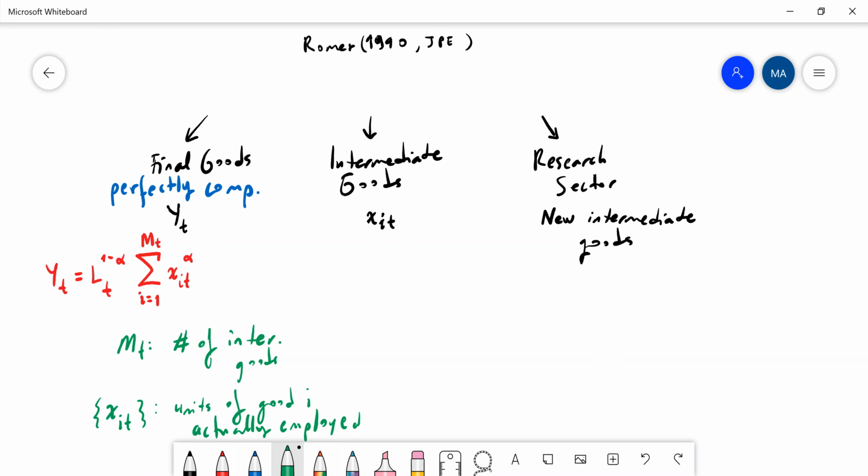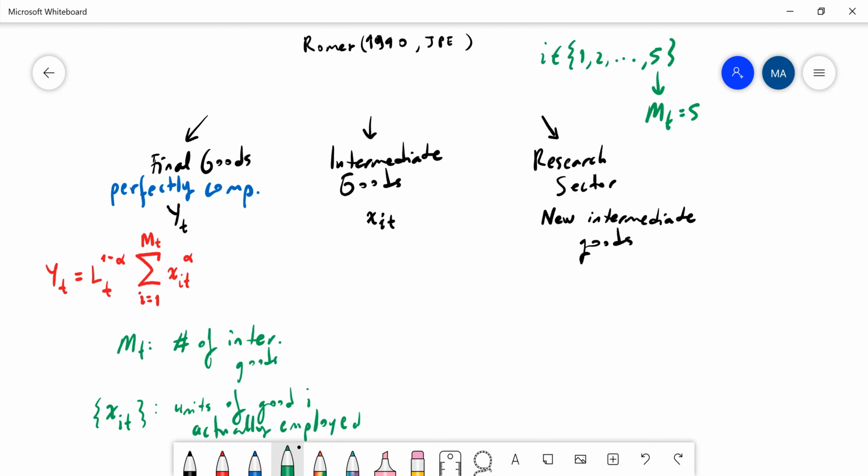So there are many goods. For instance, i from 1 to 5, right? This means M_t is equal to 5 at a particular time. So there are 5 different machines. Each machine is used by a specific amount, right?